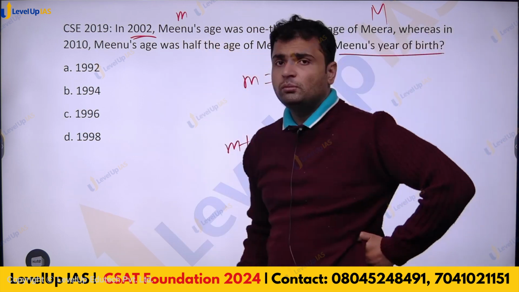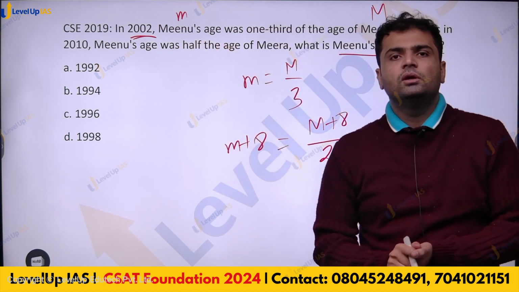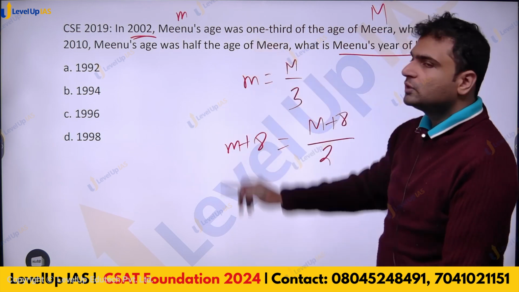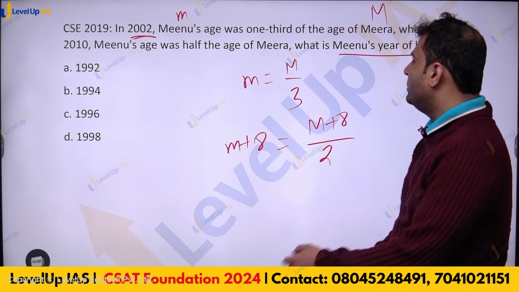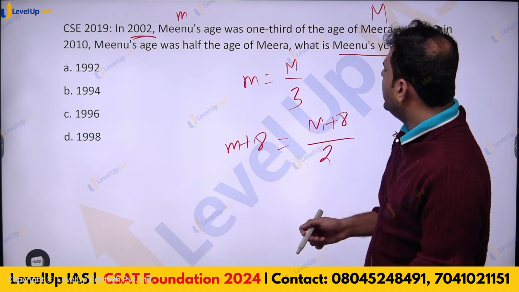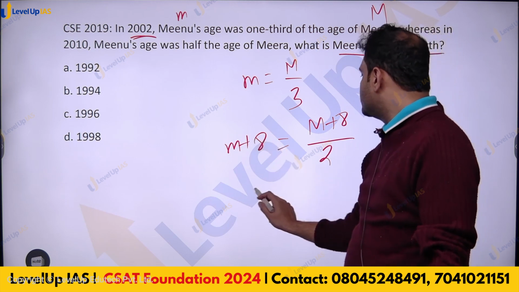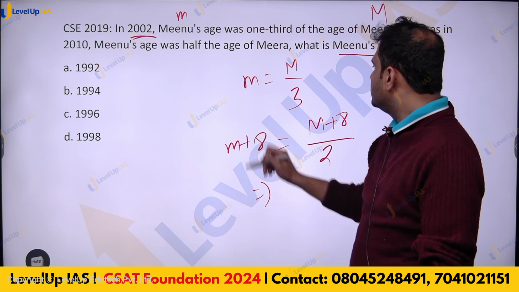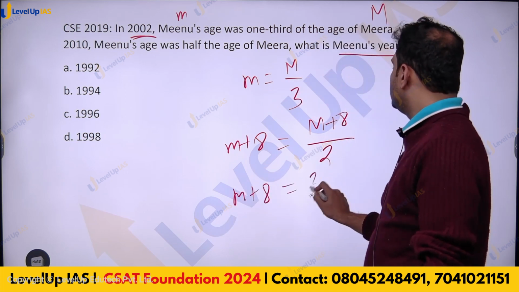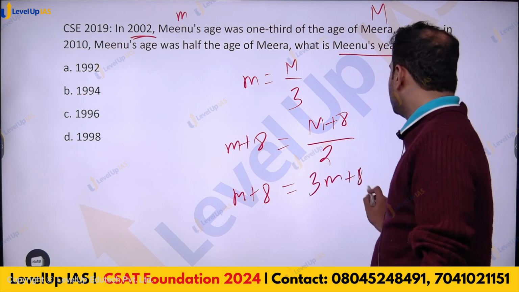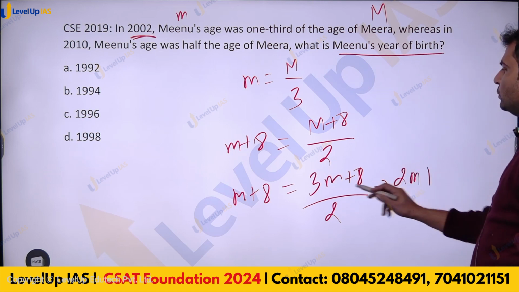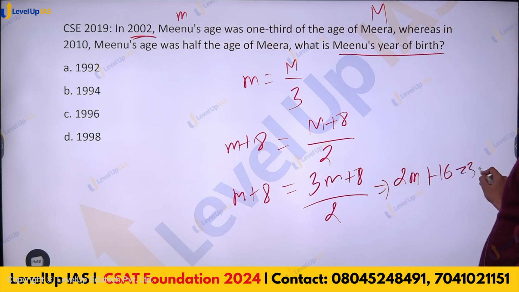So here you will get the value of small m. In 2002 you will have the age of Meenu as something, and that many years back she would have been born. So let us first calculate this small m. From this equation, capital M is 3 times small m. So we have m plus 8 is equal to 3 times small m plus 8 by 2, which implies, cross multiplication, 2m plus 16 is equal to 3m plus 8.